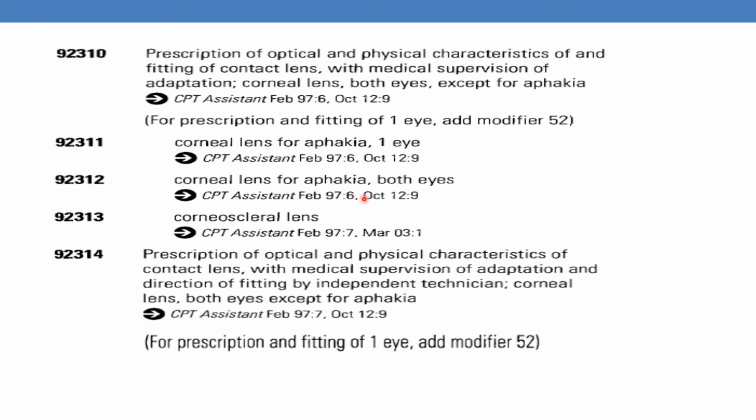And for aphakia both eyes, the CPT is 92312. And for prescription of corneoscleral lens, the CPT is 92313.